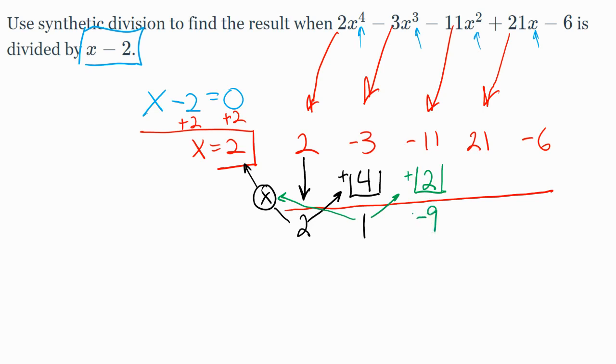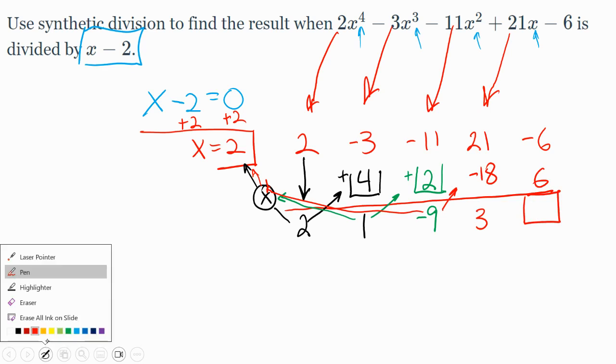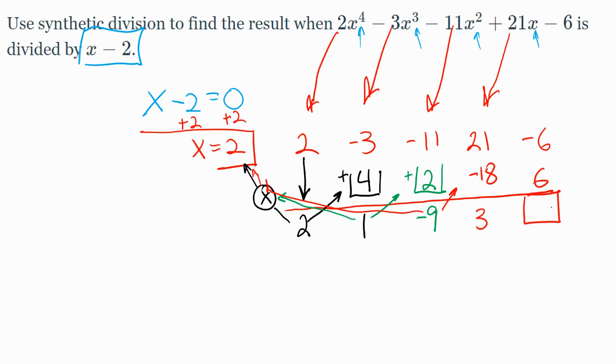And then we take negative 9 and 2, draw my little arrow over there, negative 9 times the 2 to get negative 18. Then you add there, and we should get 3. Final step, take your 3 times your 2, and that gives us 6. So my answer in the box over here is 0.